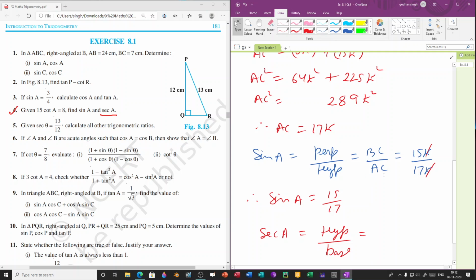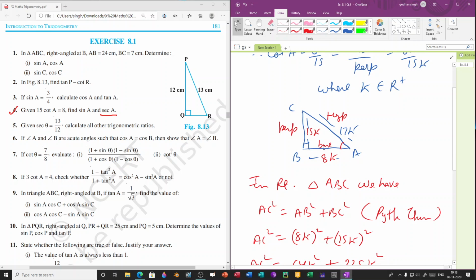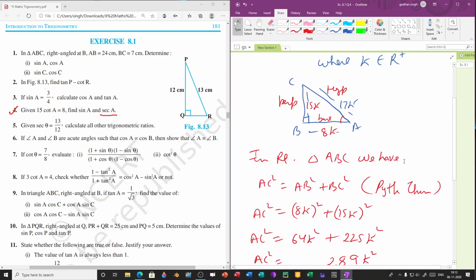Hypotenuse we can write from here, hypotenuse AC, and what is the base? So the base is the adjoining side other than the hypotenuse, that is AB. So AB is the base, so we will be writing here AB, and value of AC from here is 17k. So 17k by AB. So let us see the figure. What is the value of AB?